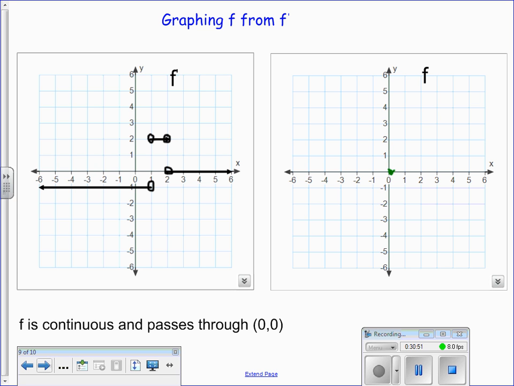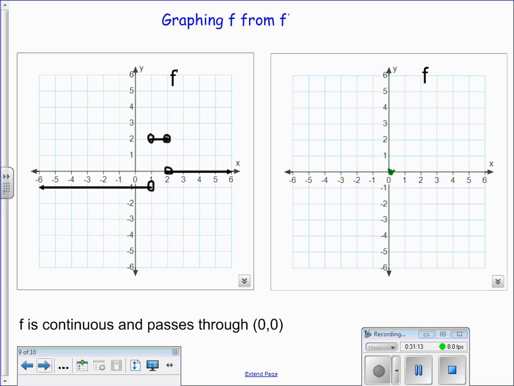And here's what's really cool. From 1 to negative infinity, my derivative has what value? This is f prime. Negative 1.